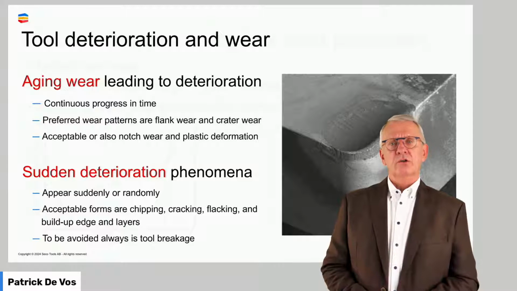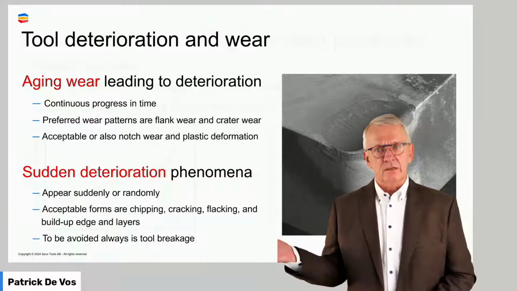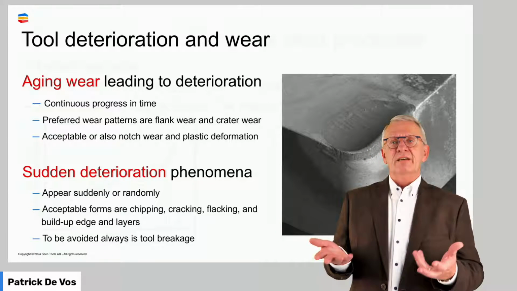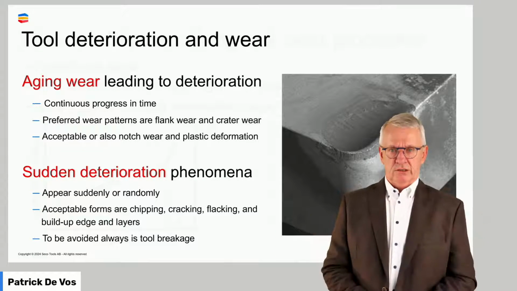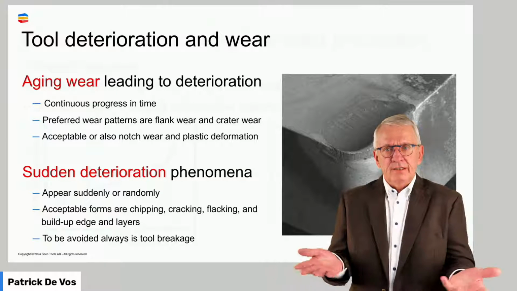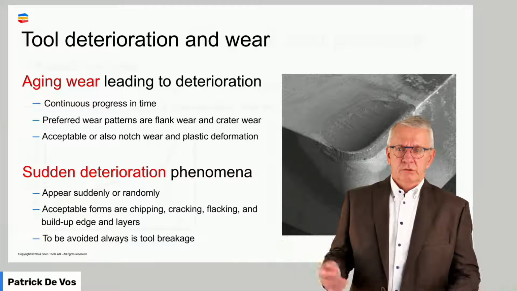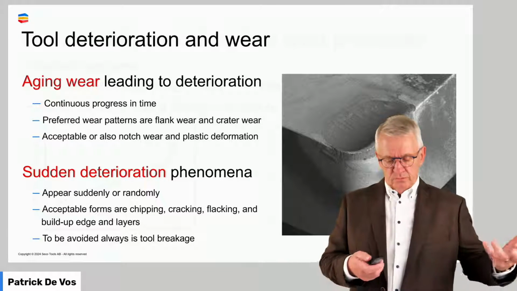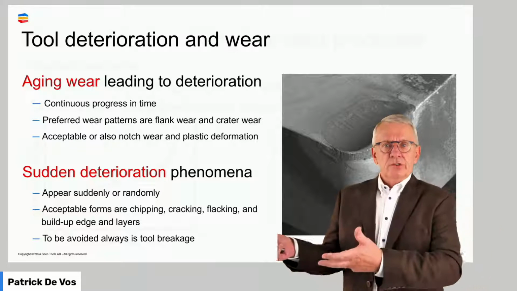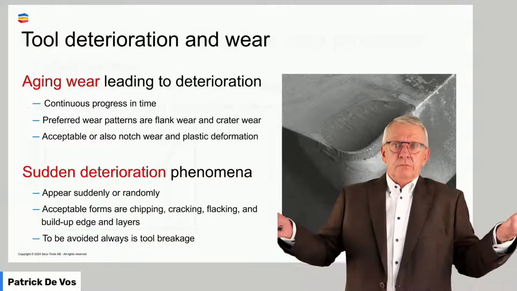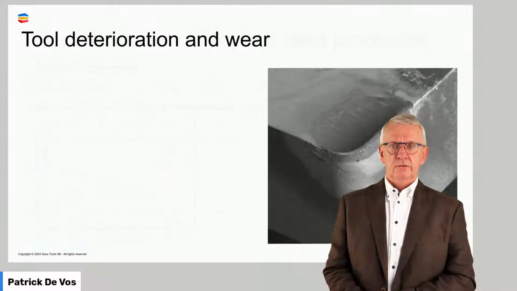On the other hand, also young people, 25, can fall from the staircase and break their leg. That also is going to limit their possibilities. A broken leg has nothing to do with age, it's something that happens. And in machining, it's the same thing. There are some wear patterns that come with time in cut, as the tool is being used, and other things happen suddenly.